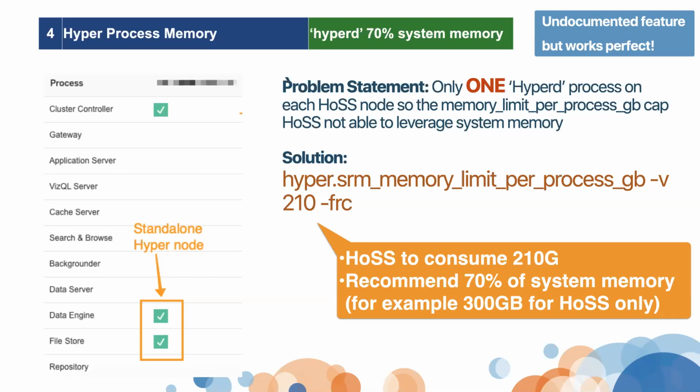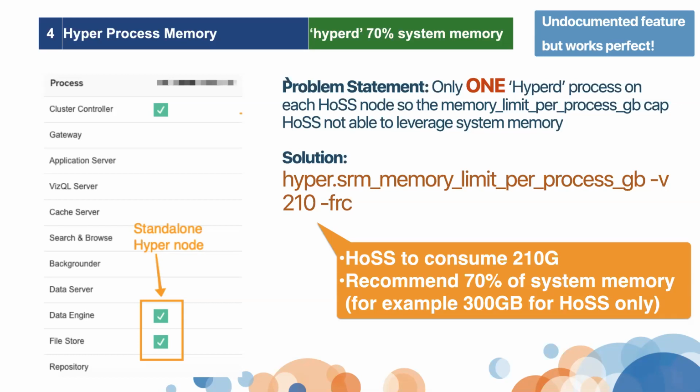For large deployments of Tableau Server, we normally have a standalone Hyper node, normally 2 Hyper nodes. They're called hyper nodes, serving maybe 5, 6 VizQL nodes.